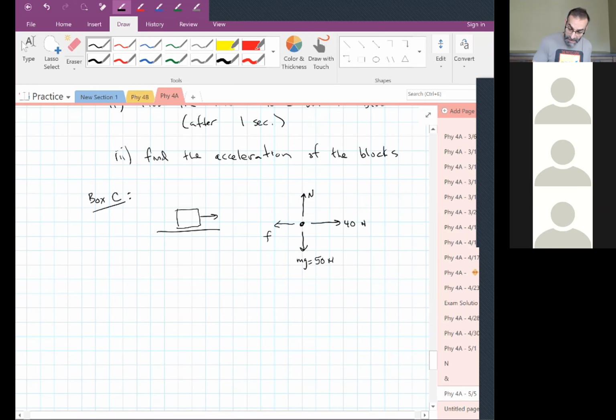So if I call this my positive X and this my positive Y, I can say the sum of the forces is MA, and we break that up usually, right? Sum of the forces in the Y direction has to be what?